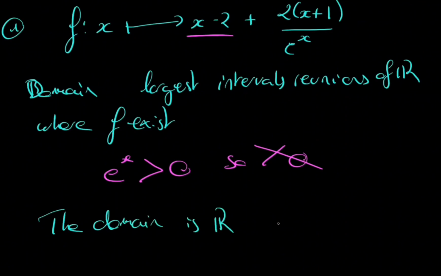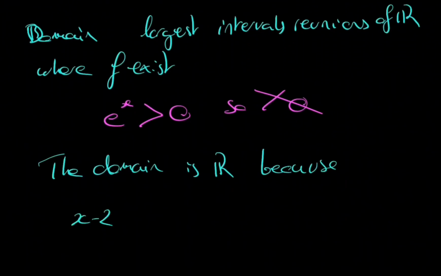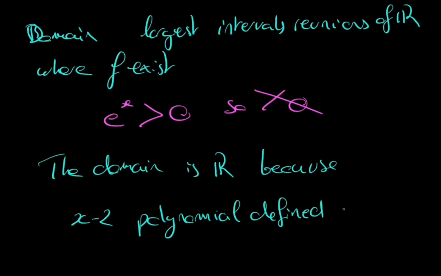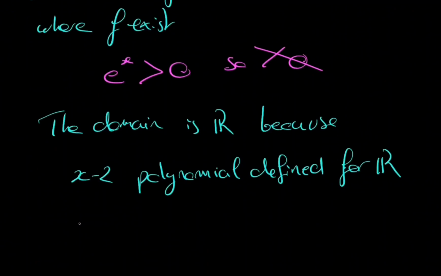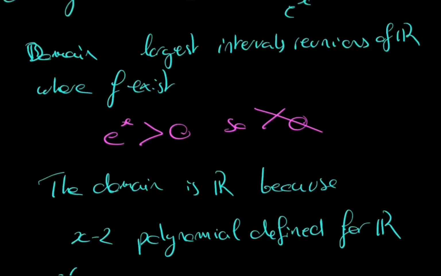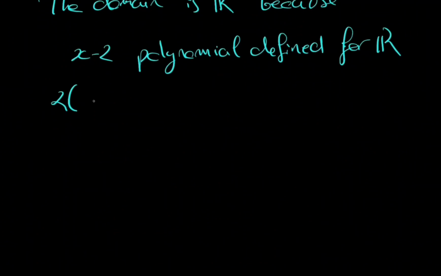Okay, so the domain is R, because let's explain: x minus 2 is a polynomial, defined for R. 2 times x plus 1, same thing.